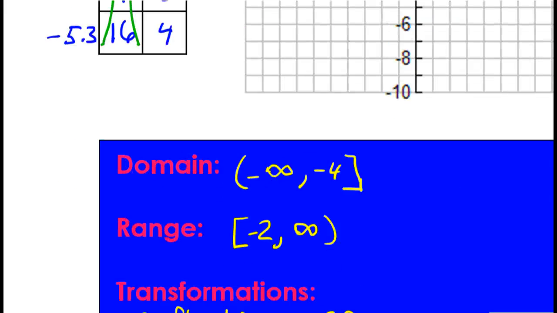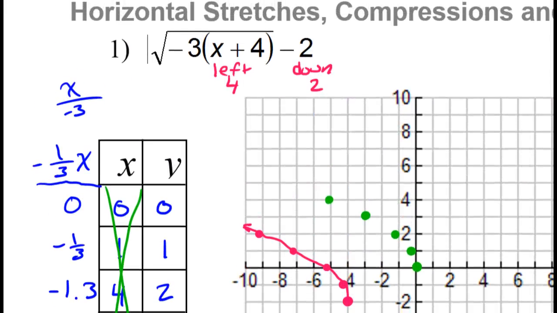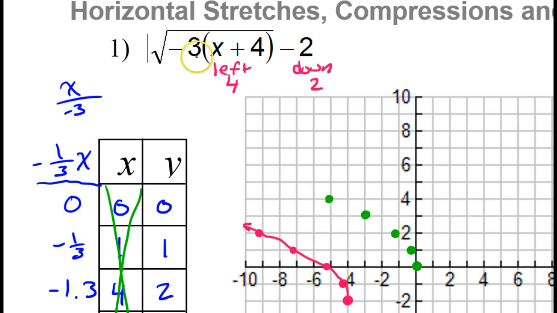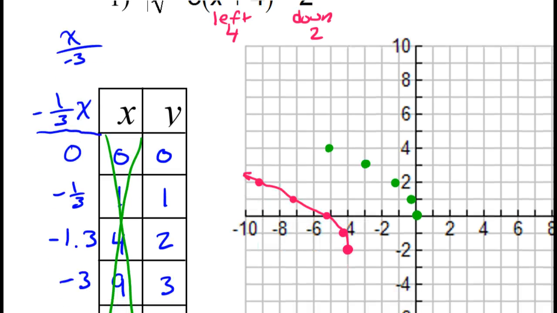Okay, so we have the reflection over the y-axis. And then what's the 3 going to do for us? Any number here underneath the radical, that's going to be a horizontal something, and it's the opposite of what it looks like. So that 3 is actually a horizontal compression, and that's why we say by a factor of 1/3. Yeah, we did that part already.